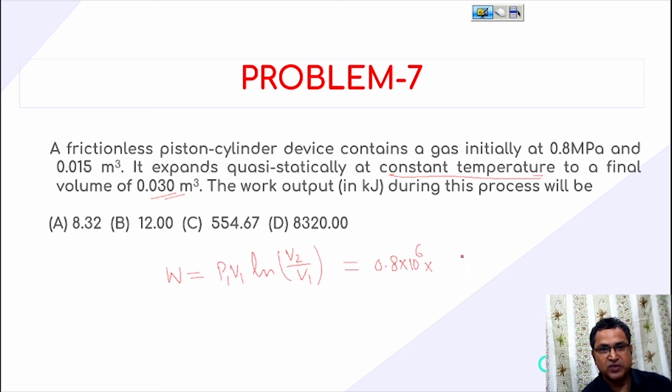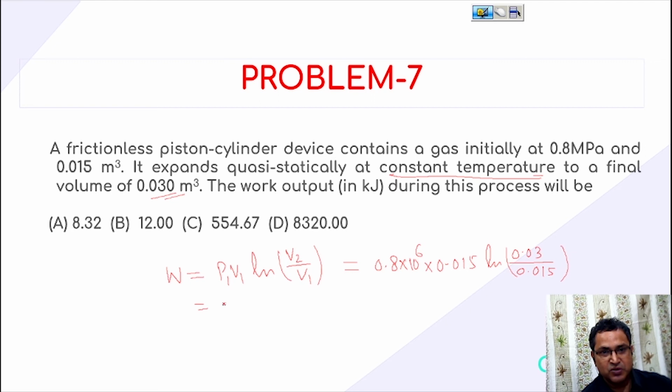V1 is 0.015 meter cube. What is the final volume? Final volume is 0.03, so ln of 0.03 divided by 0.015, that is ln 2, that is 0.693.